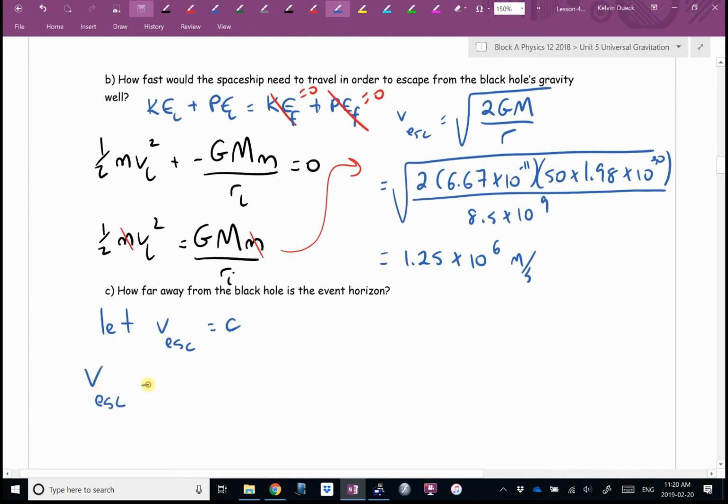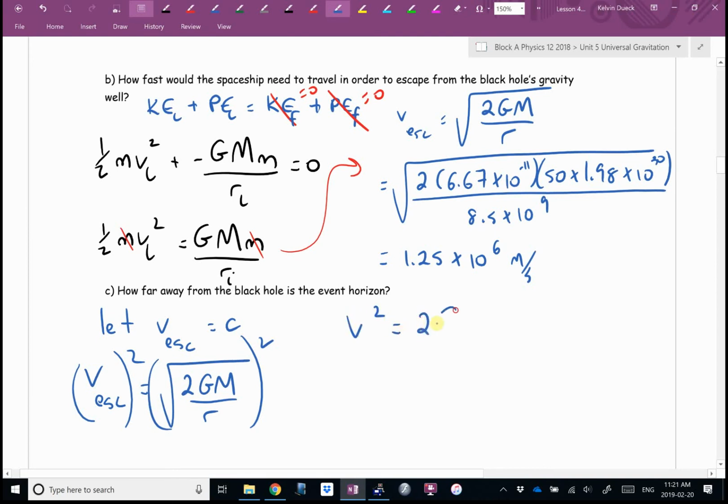V escape equals the square root of 2 big G big M over R. What's the R inside of that I don't like? Oh, how about we square both sides? We get V squared equals 2 big G big M over R. Michael, what are we trying to find?